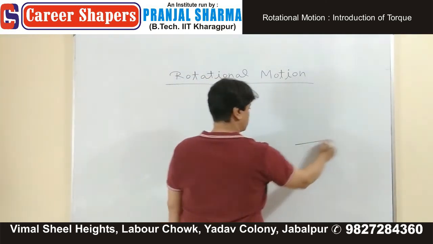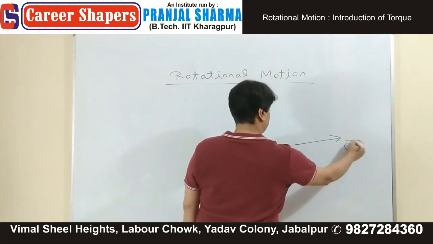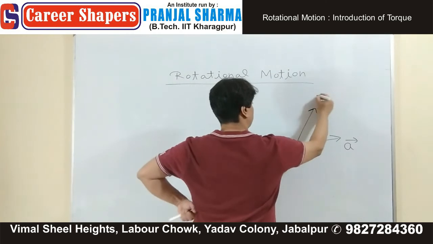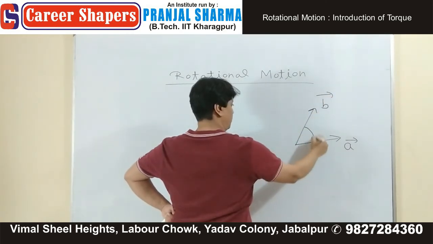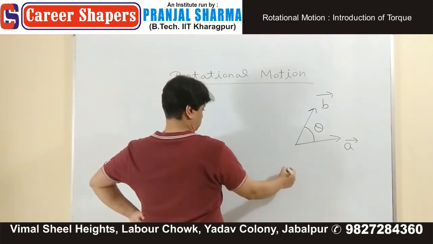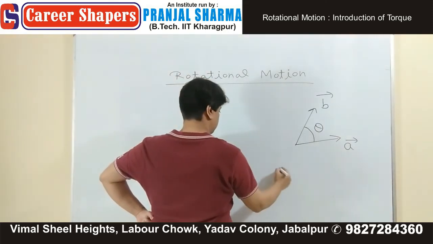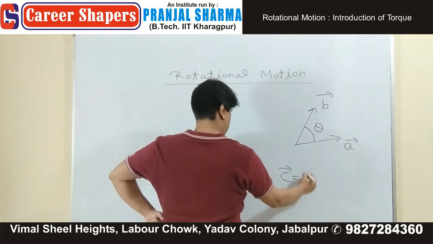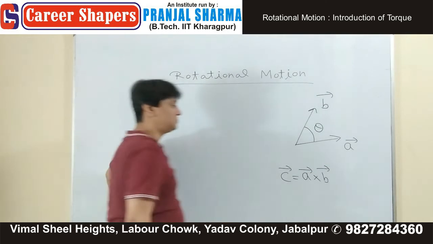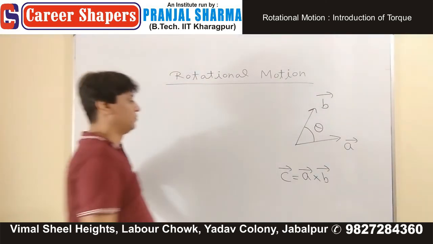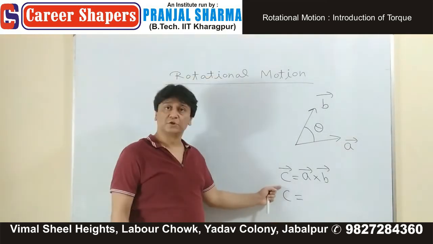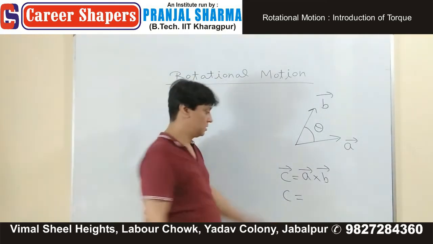Look, this is vector A, this is vector B. Angle between A and B is theta. If you have a vector C, which is the cross product of A and B, then C, there is no arrow, this is the magnitude part.